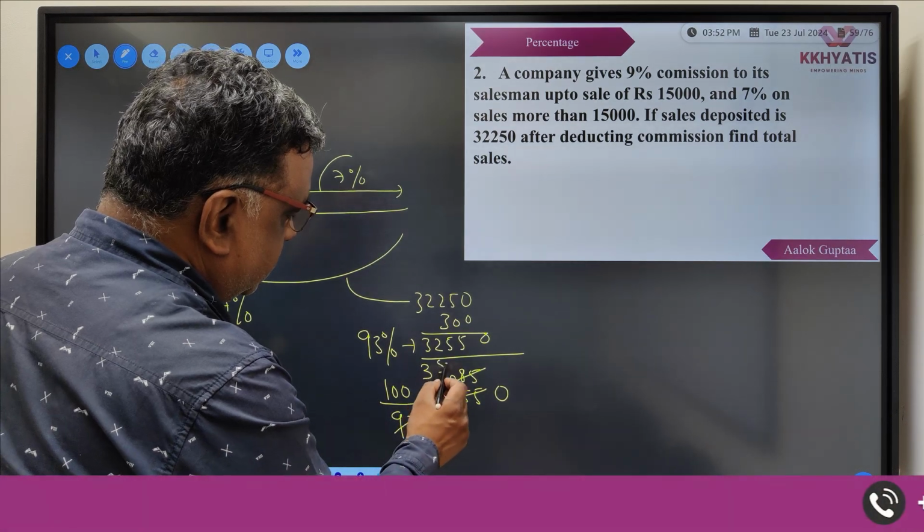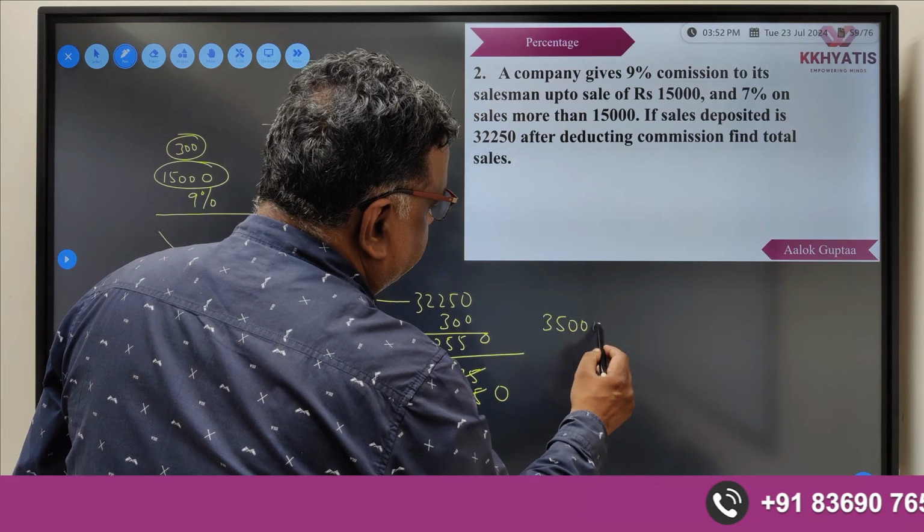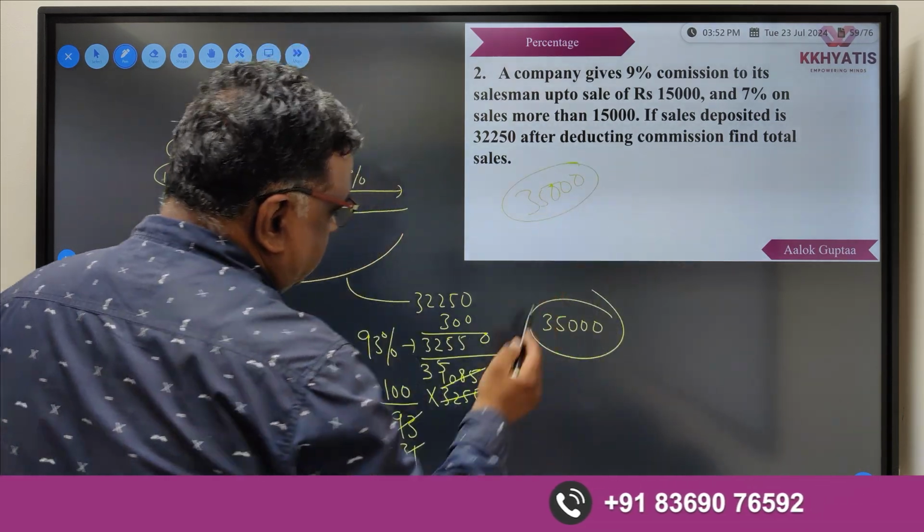So 5. So 350 into 100 is 35,000. So 35,000 would have been his original sales. I just calculated based on the mental mathematics.